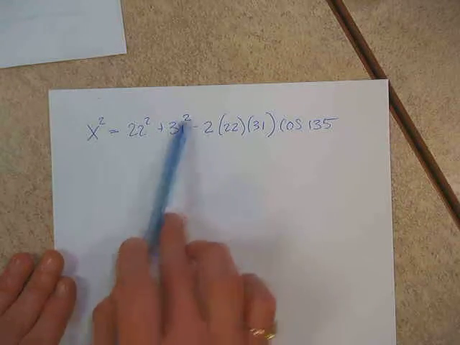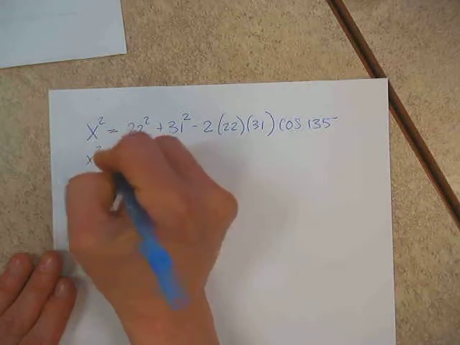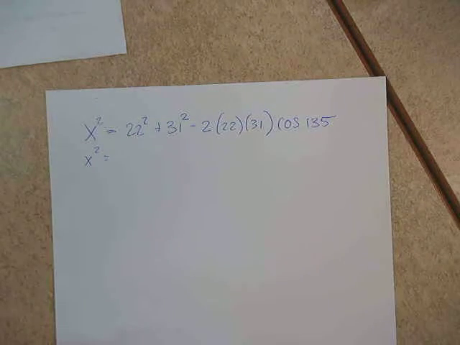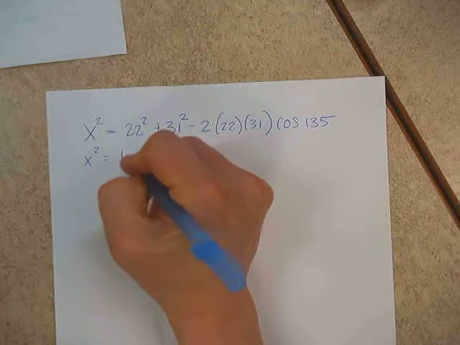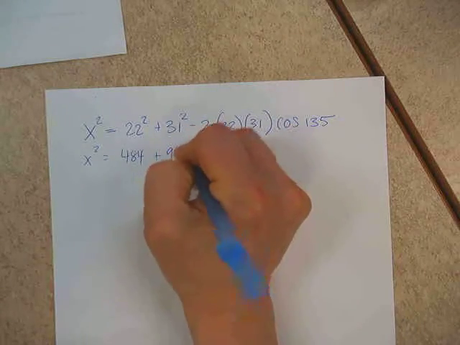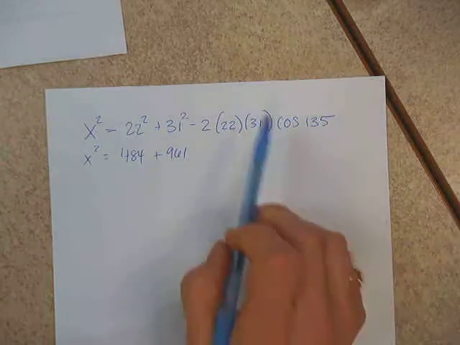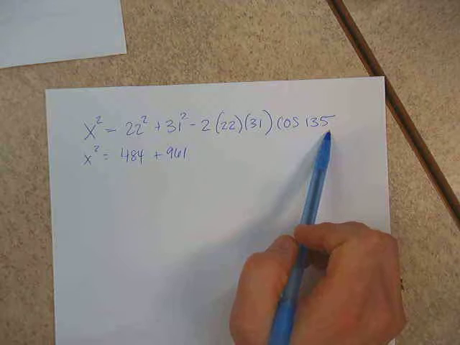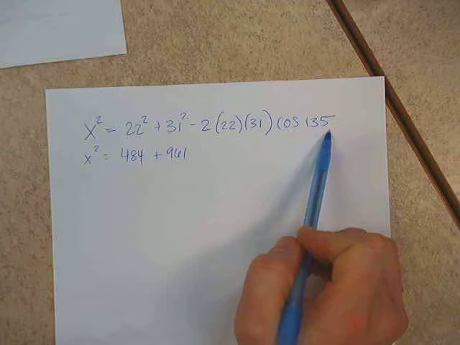Generally what I do is I start by getting a square for both of these and jotting it down. So we have 484 and we have 961. Okay, this is where you want to be careful.